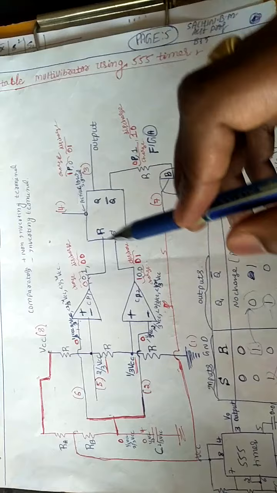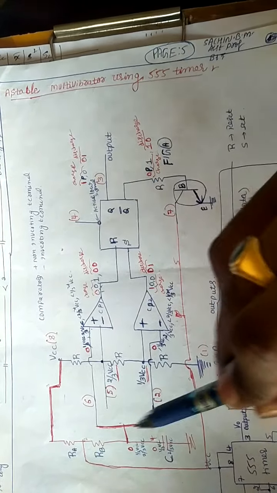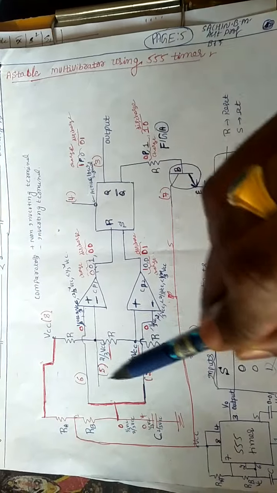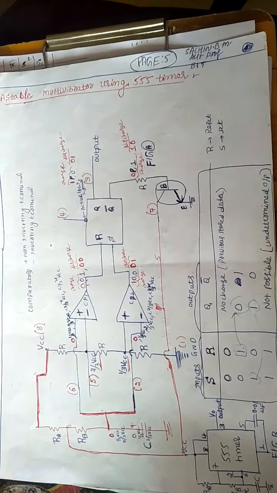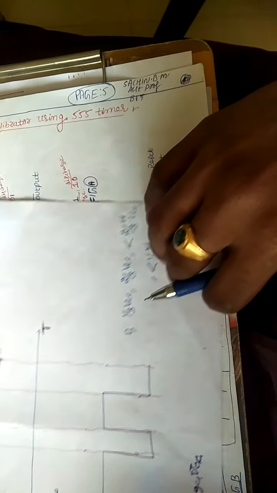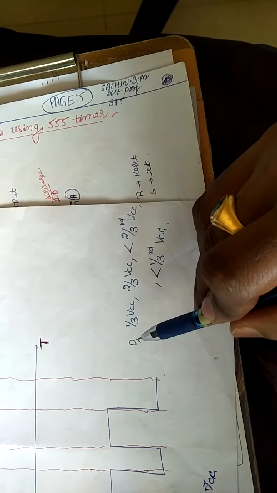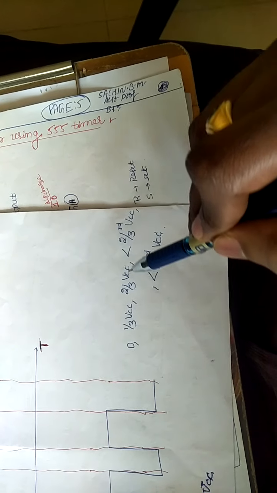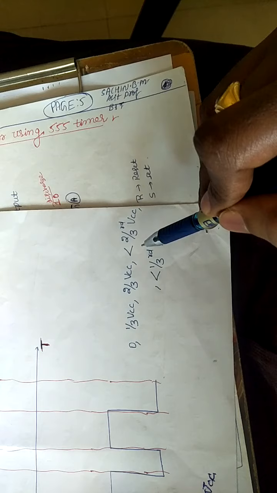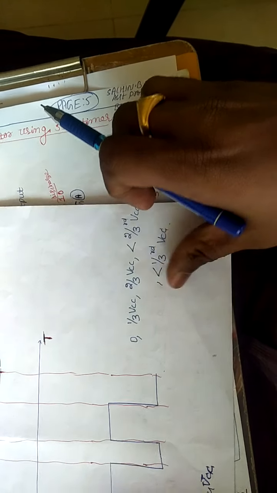Okay, so if you want to know the working principle of this astable multivibrator, we are going to apply 5 inputs, that is 0, 1/3 VCC, 2/3 VCC, slightly less than 2/3 VCC and slightly less than 1/3 VCC.